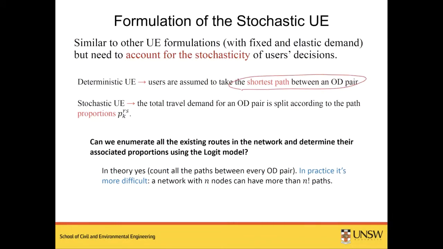In a stochastic UE, we say that the total travel demand for an OD pair is split according to the proportions that we calculate based on the logit probabilities.